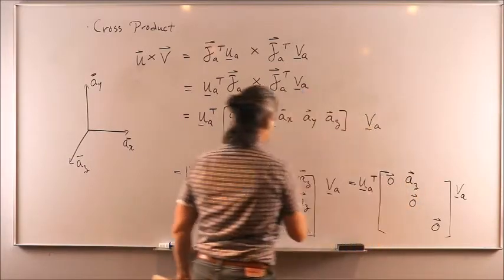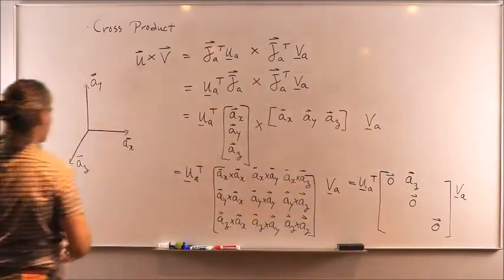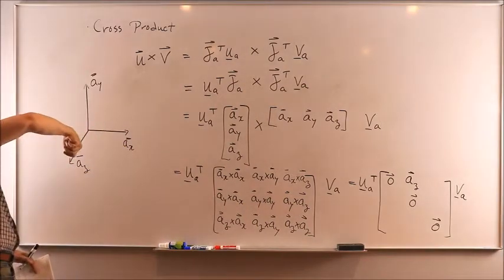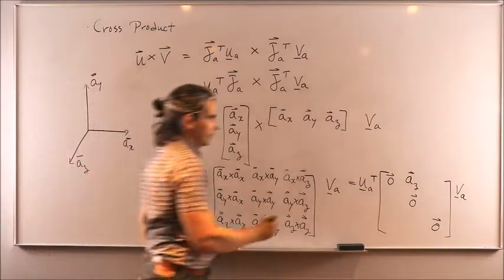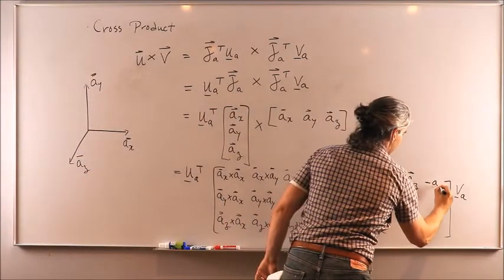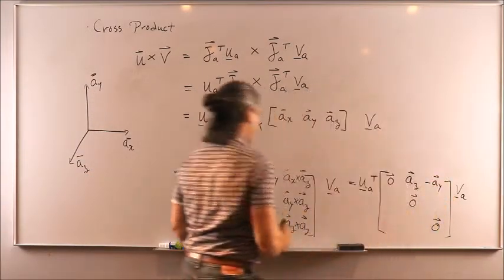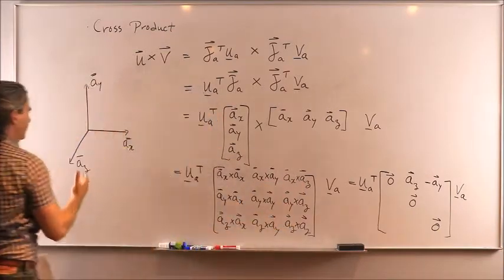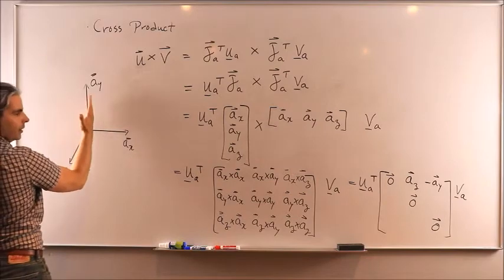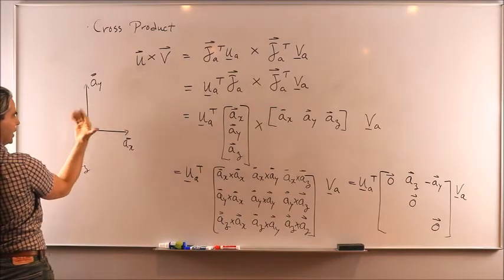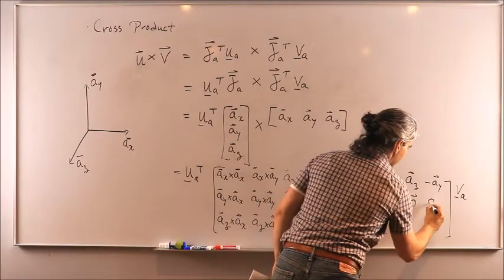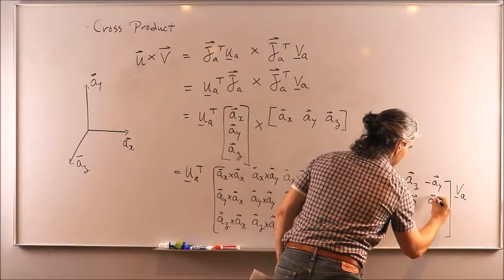Like that. AX cross product with AZ gives you minus AY. And here you have AY cross product AZ. So fingers towards AY, rotate towards AZ, which is out of the board, gives you positive AX vector, like that.